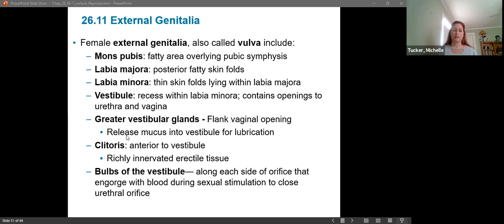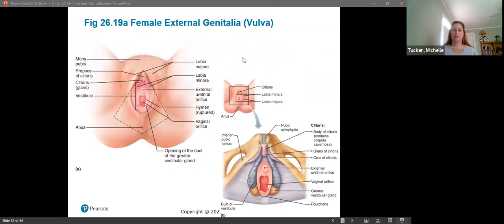The clitoris, it's the counterpart of the glans penis in the male. It's erectile tissue. And then the bulbs of the vestibule, which these engorge with blood during sexual stimulation to close off the urethral orifice as part of its purpose. So most of these were covered in anatomy.